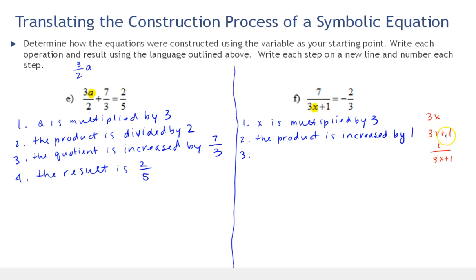So we could think of 3x plus 1 as 3x plus 1 over 1, and we want to reciprocate or put the denominator in the numerator, numerator in the denominator. So that's the next step. So the sum is reciprocated.